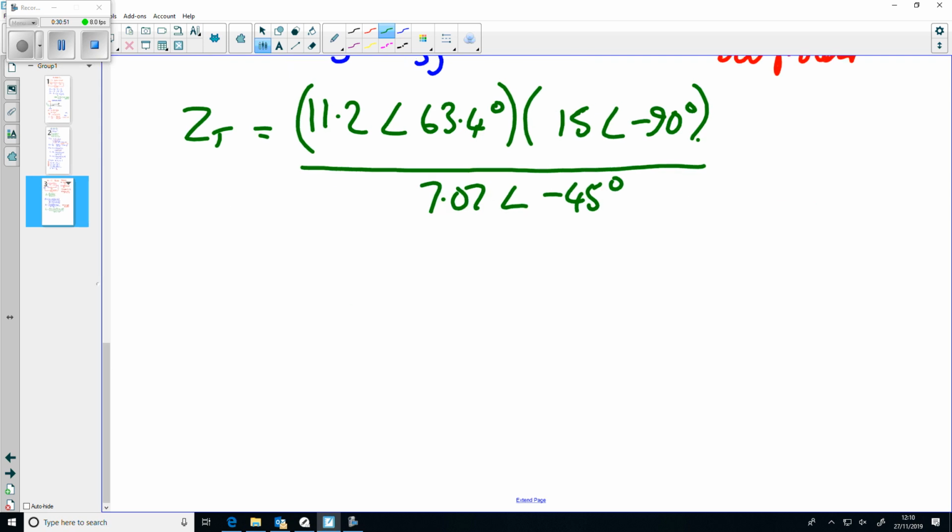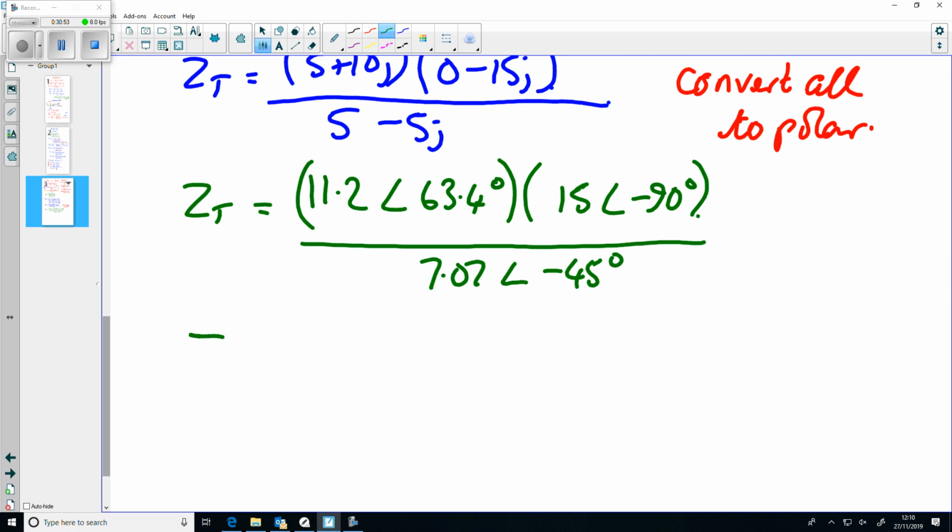So multiplying that top line out, 11.2 times 15 is 167.7. Angle 63.4 minus 90 is minus 26.6 degrees.